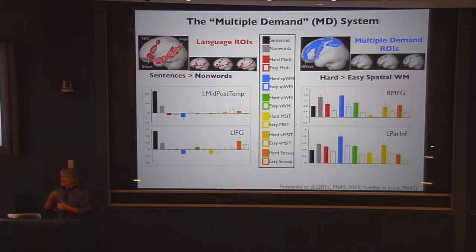Okay, and there's a whole interesting literature on these regions. As one little sidebar, John Duncan and his co-workers have shown with lesion studies that these regions are related to IQ, in the sense that they studied a pool of, I think, 80 patients who had brain damage, and they quantified the volume of brain damage in these regions versus the volume of brain damage outside these regions.